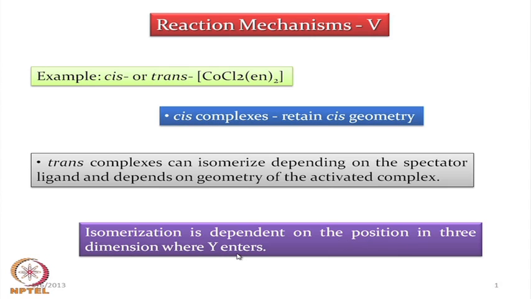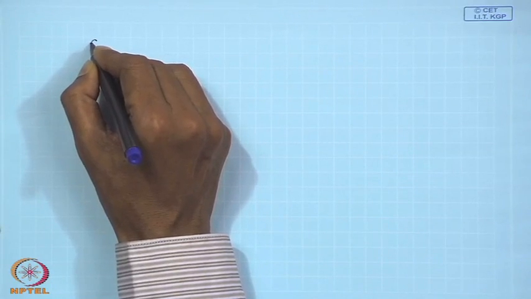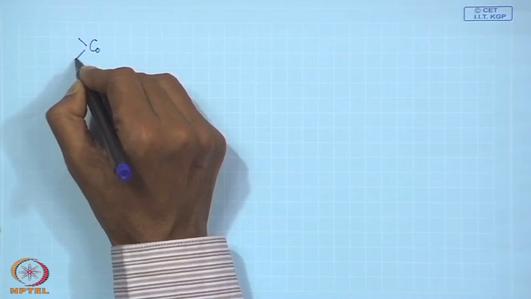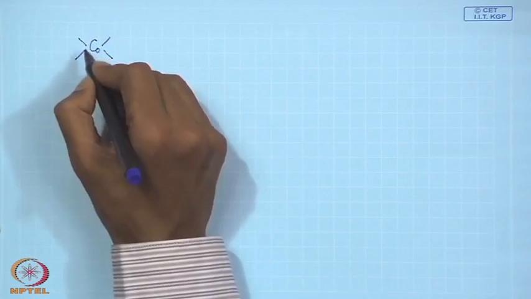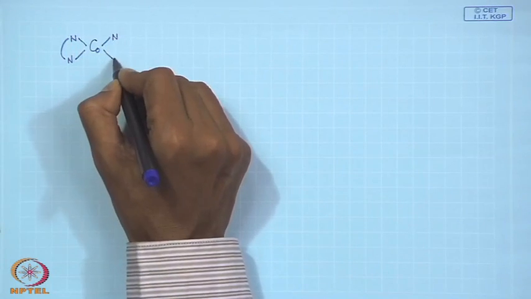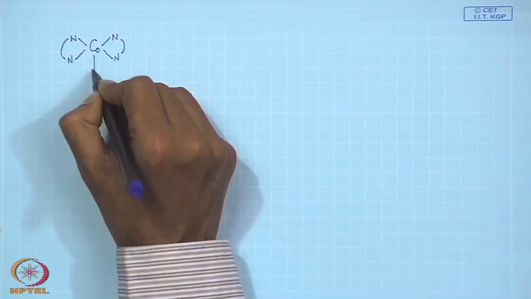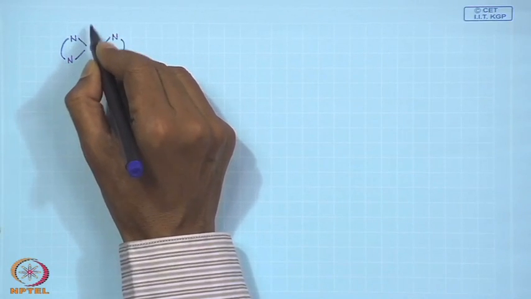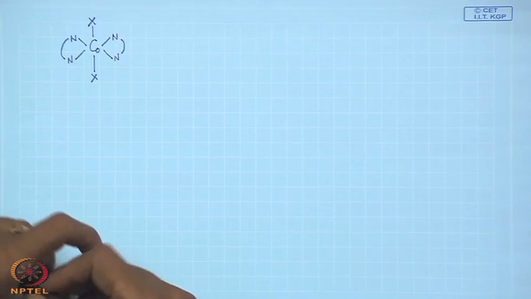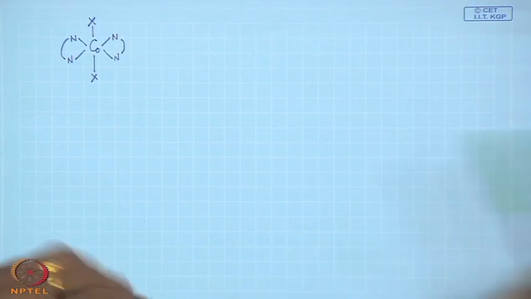dimension where y enters. So, now we will consider this as x is removing, we are removing x from the center. So, for the trans one, we have the ethylene diamine, and we consider now the presence of these 2 x groups.